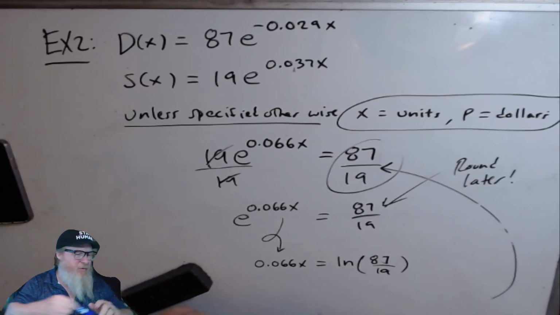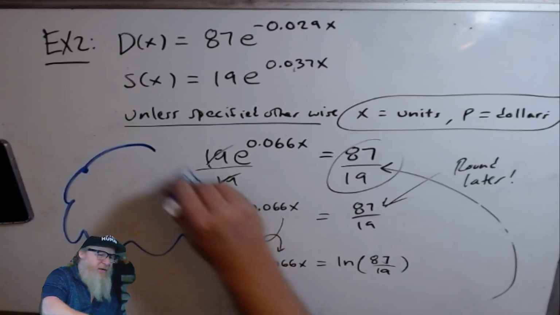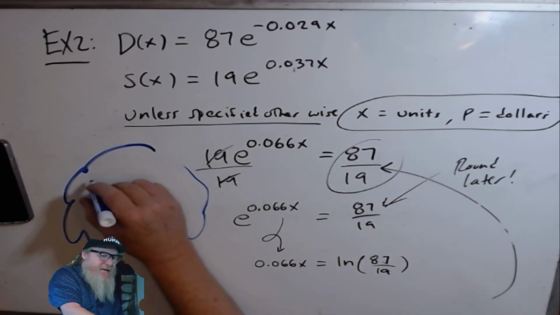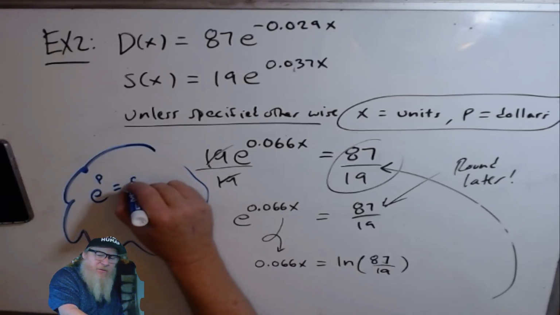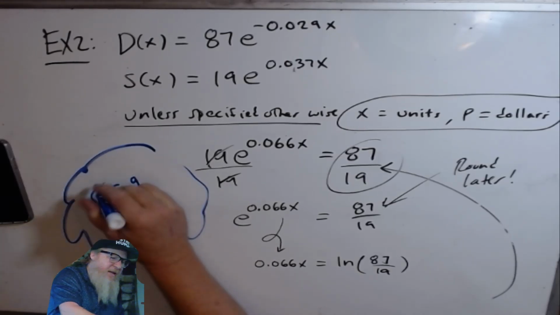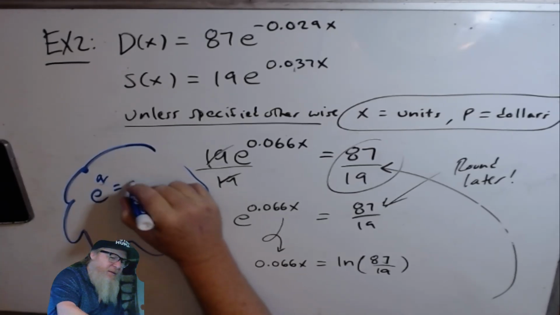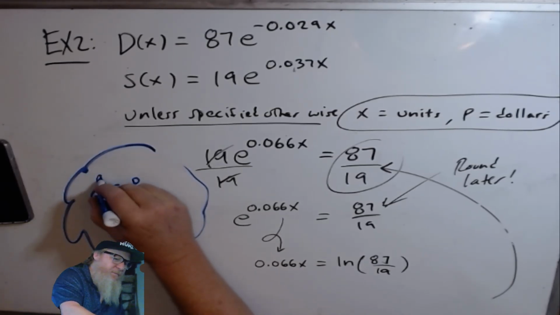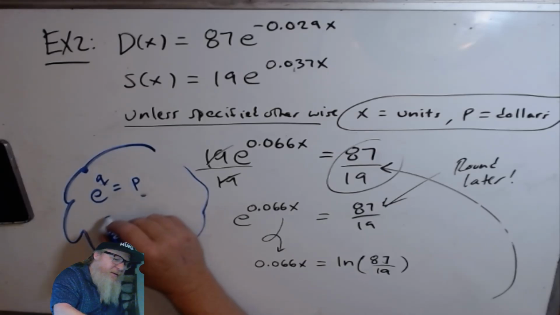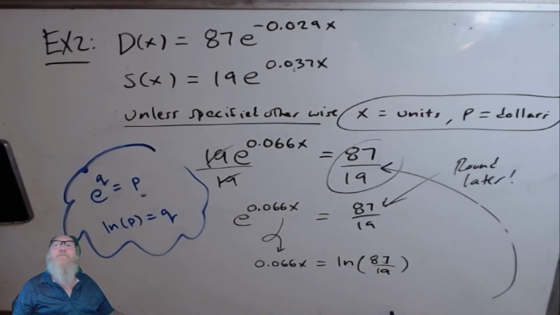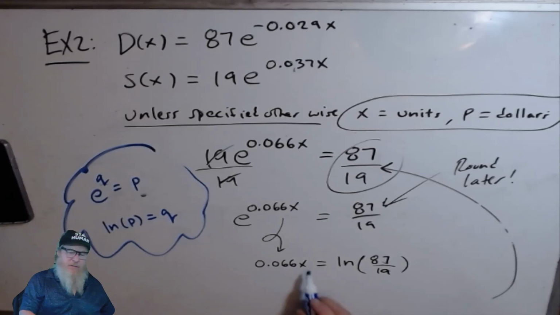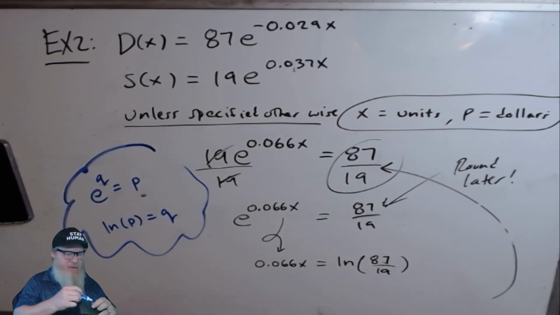Maybe a quick little review here. If e to the p is equal to q, how about e to the q is equal to p? I like that better. Then ln of p is equal to q. So this is my q, and there's my p right there.